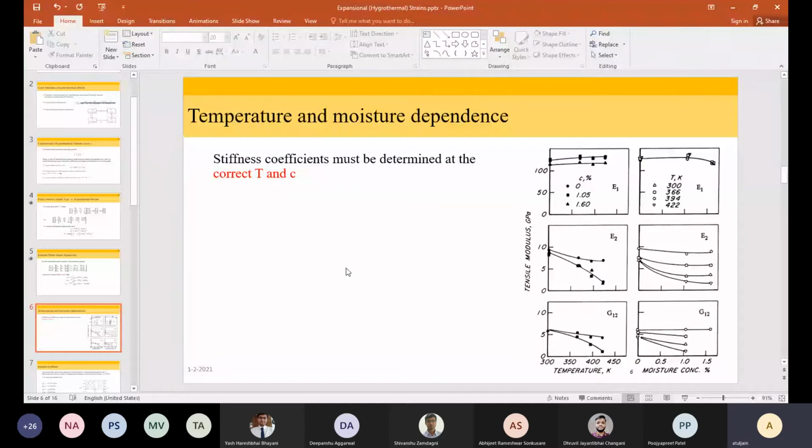E1 remains constant because E1 is mostly dependent on carbon fiber, and carbon fiber starts decaying only at very high temperatures. So it should be almost a flat line. The slight upward trend that you see is most likely due to the fact that many tests were done, and with mean and standard deviation, there is some statistical scatter. Okay, sir.